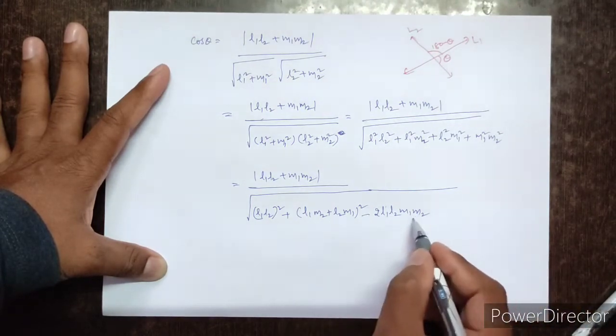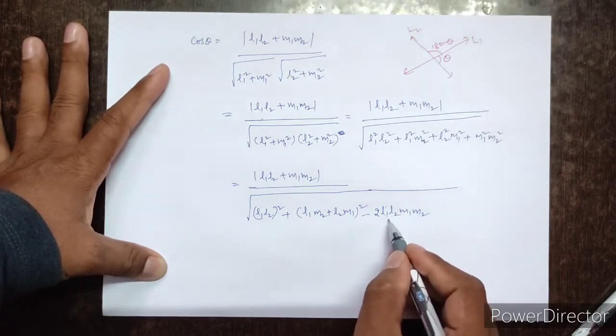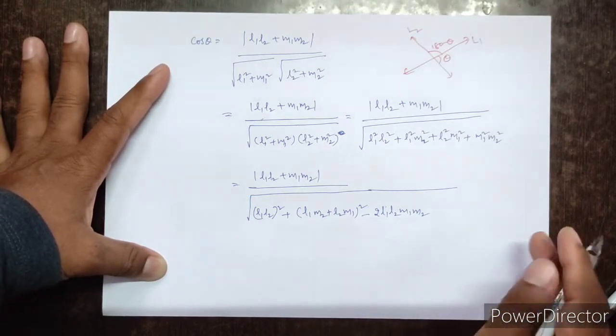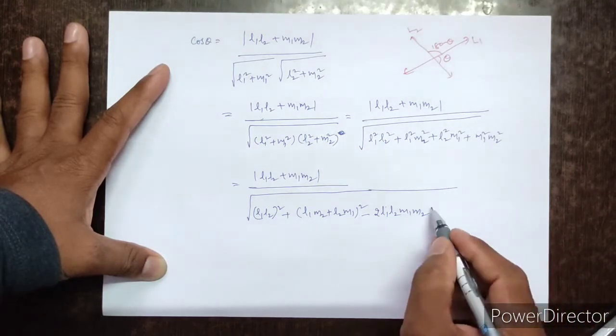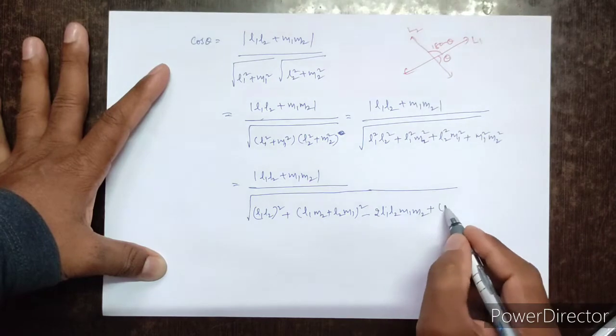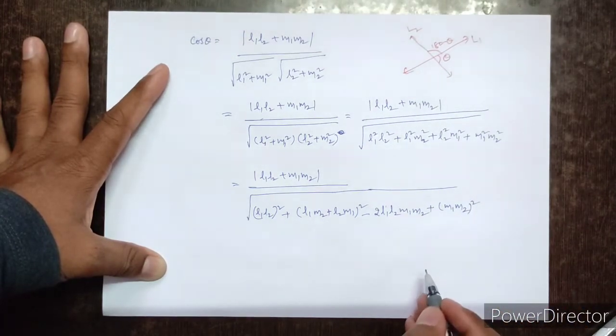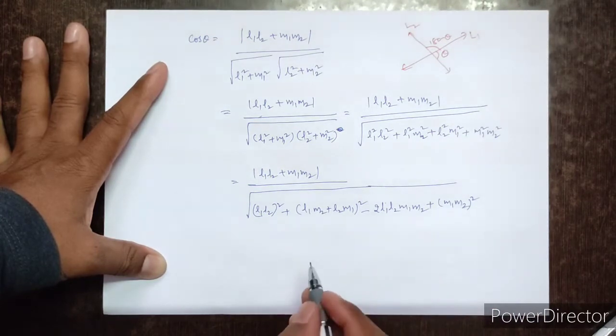Just for our convenience we write it as 2 L1 L2 into m1 m2, plus m1 square into m2 square, which is nothing but m1 m2 whole square.